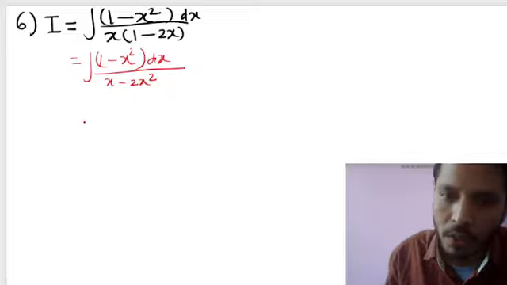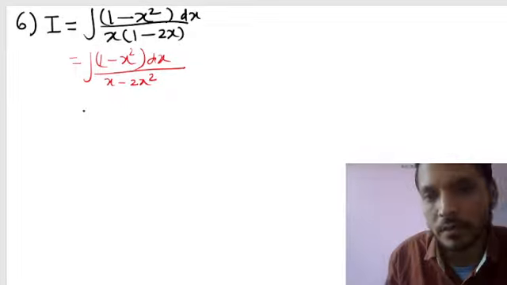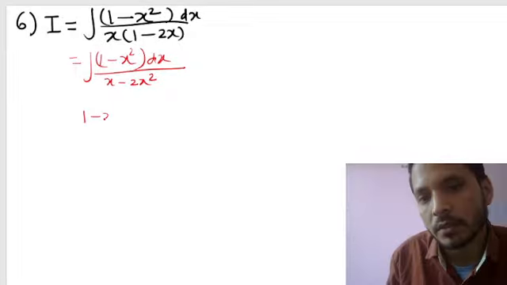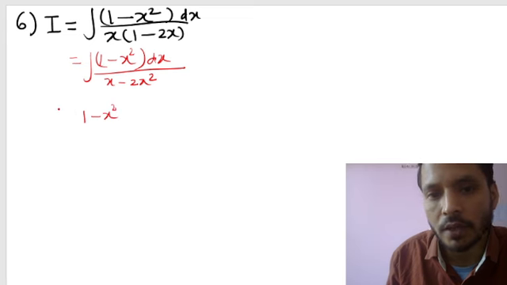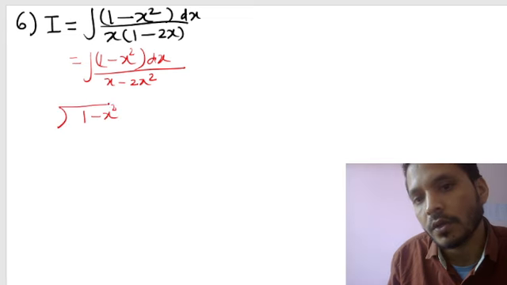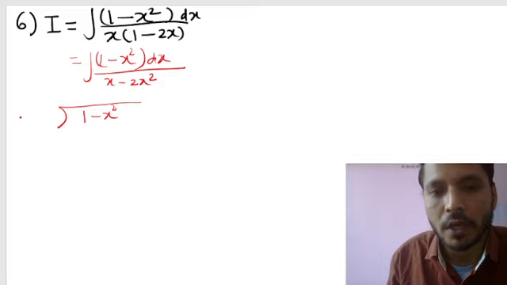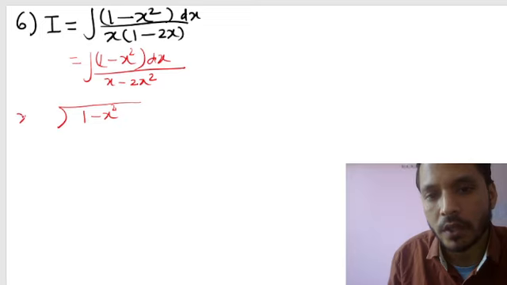That means for converting into a proper fraction, we have to divide this 1 minus x square by x minus 2x square.